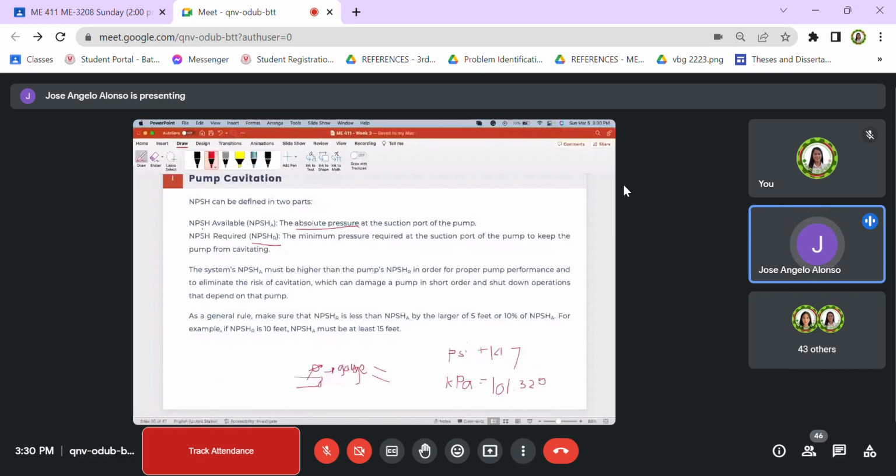Then, para maiwasan natin ang pump cavitation, net positive suction head available must always be higher than the pump's net positive suction head required. So NPSHA must be greater than NPSHR.